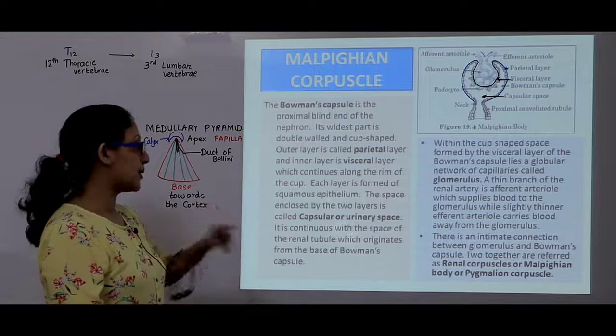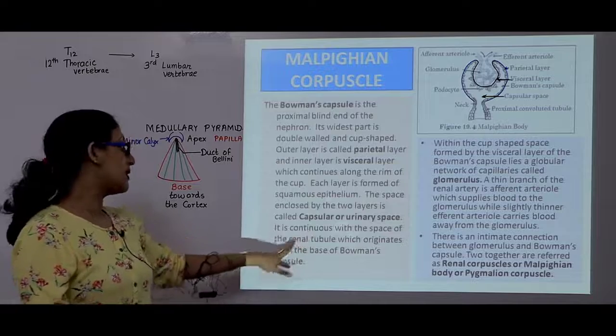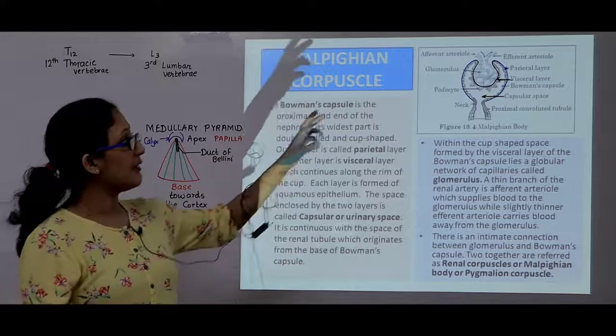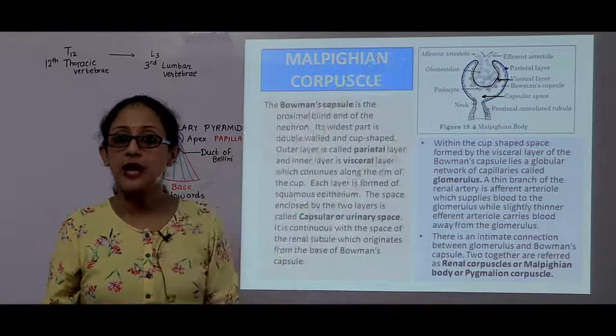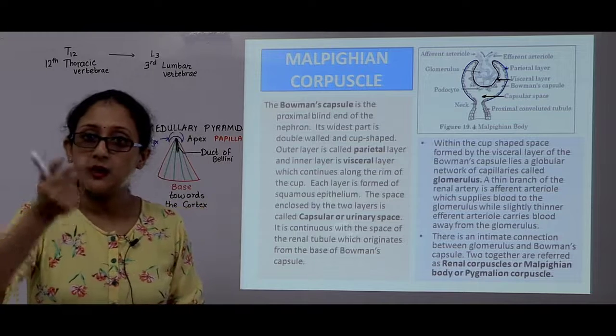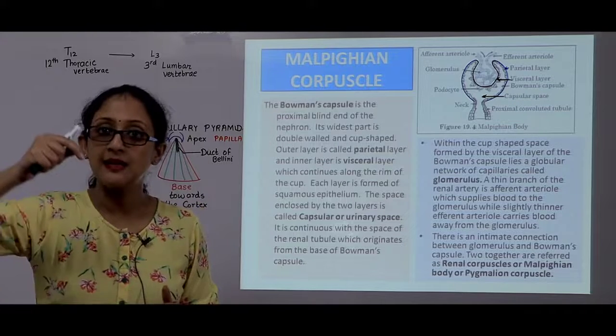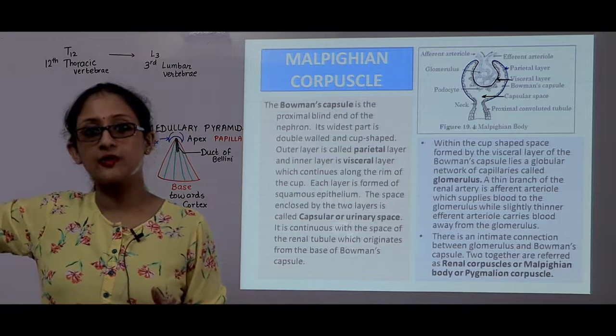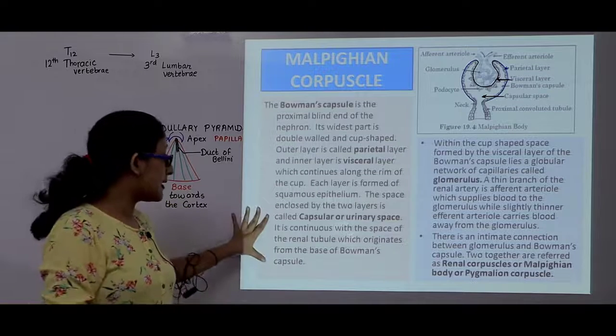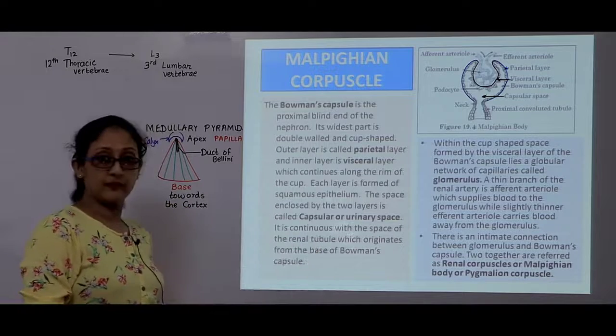And then this capsular space is continuous with the renal tubule, means the urine from the capsular space will now go into the neck, PCT, Henle's loop, DCT and so forth. So it is continuous with the renal tubule.